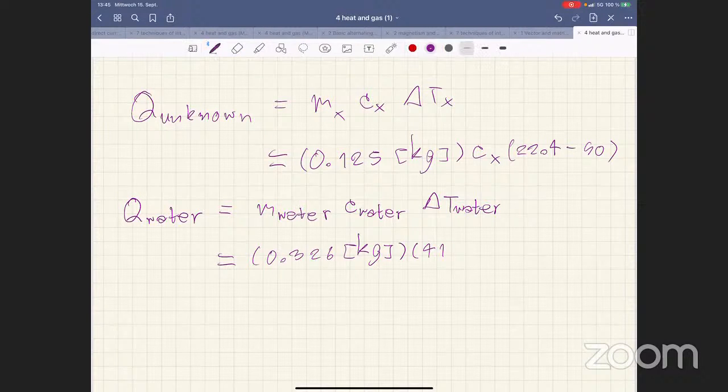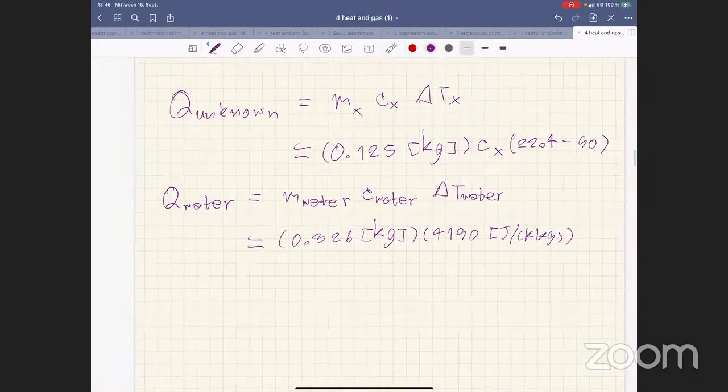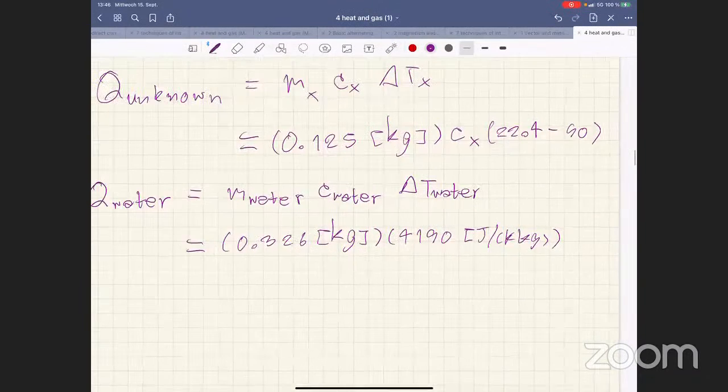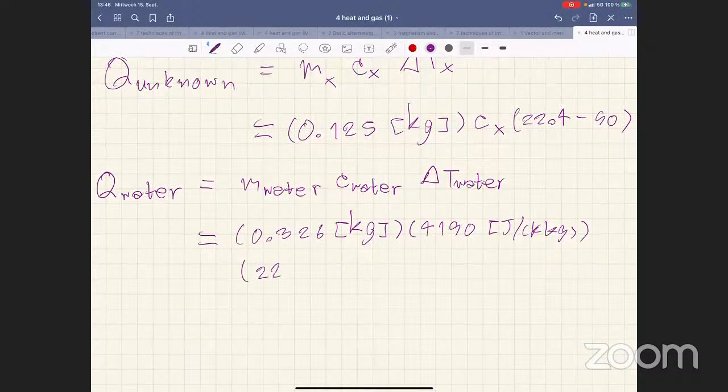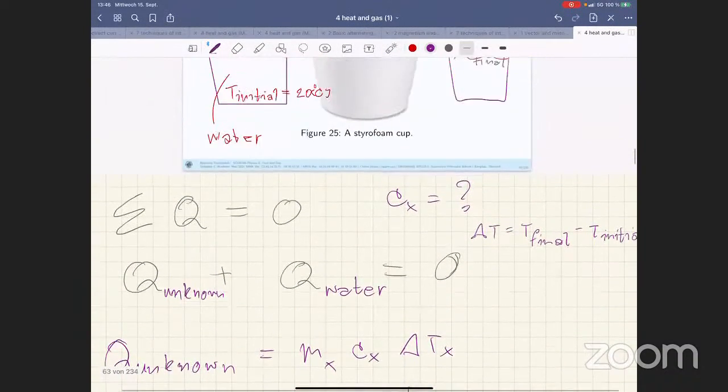The unit for it is joule per Kelvin and kilogram. And delta T for this one is the final temperature, which is 22.4, and the initial temperature is 20 degrees, I think, right? Yeah, 20 degrees here.